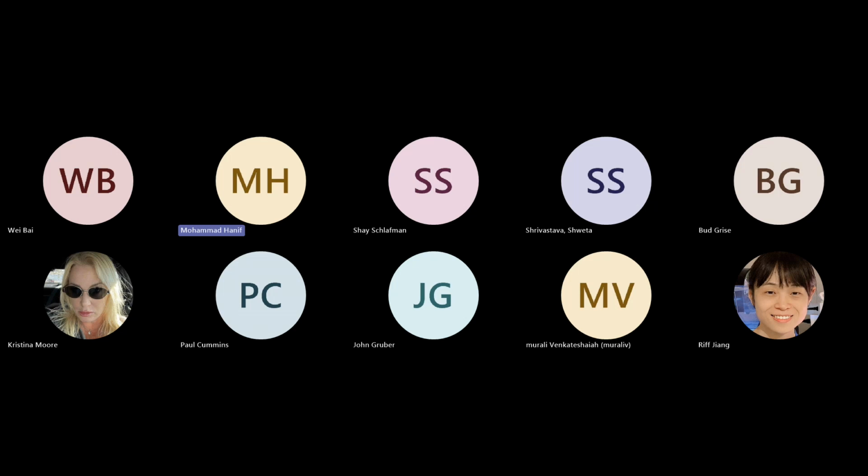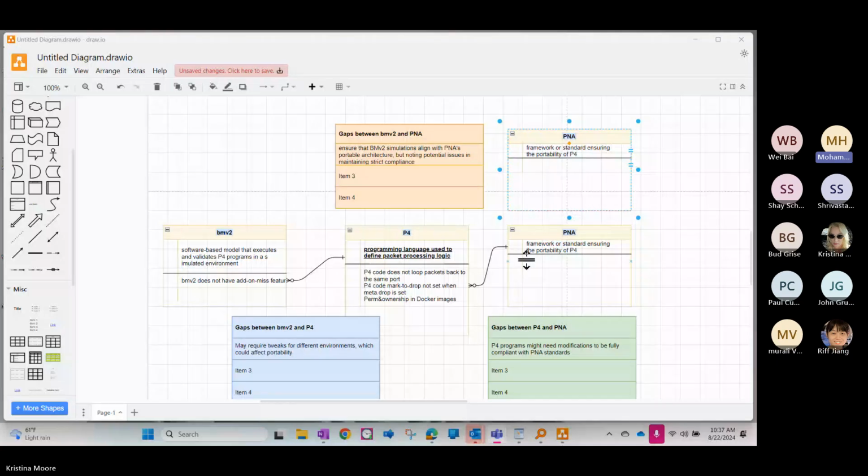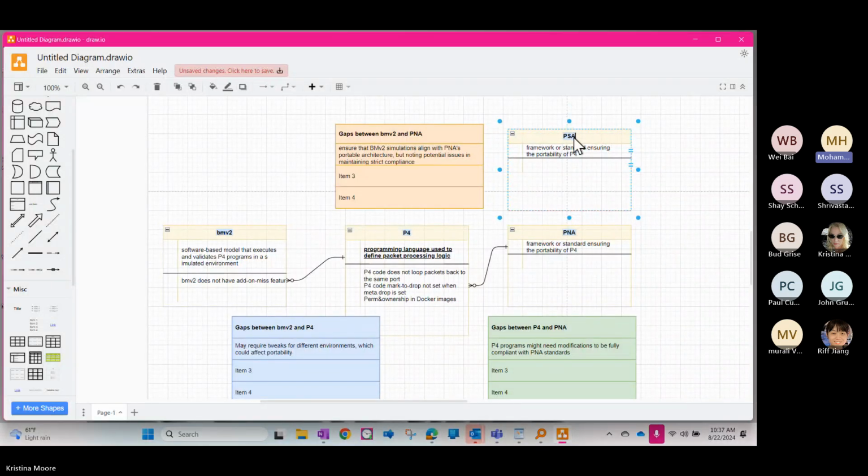PNA may be a superset of, or at least inherits something from, PSA, but then it adds more from the NIC architecture itself. So we could not find some of this support on BMV2, and we don't know whether BMV2 is now in compliance with both PSA and PNA. But in earlier discussions, we were all veering towards P4 DPDK, which is essentially an alternative to BMV2.